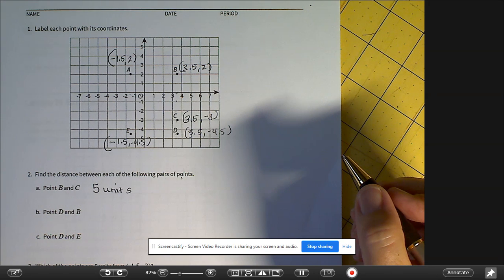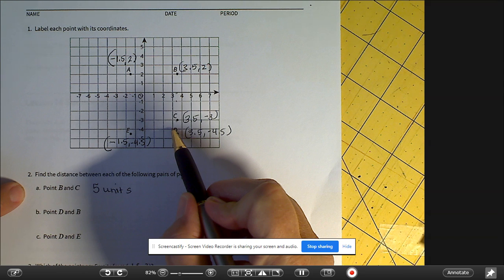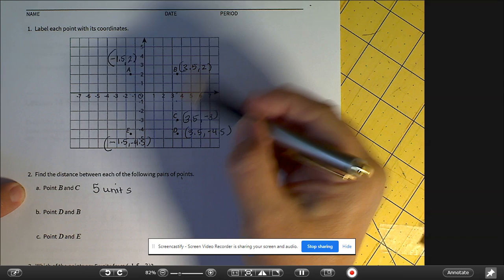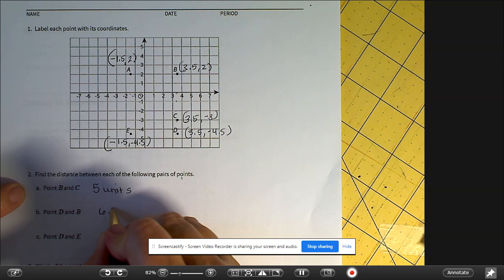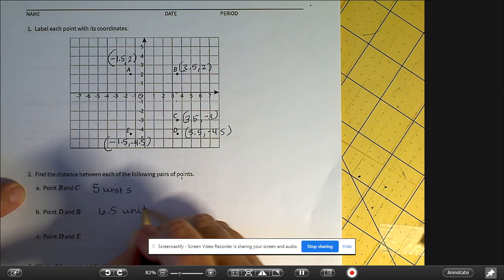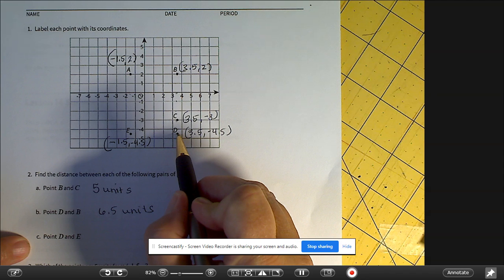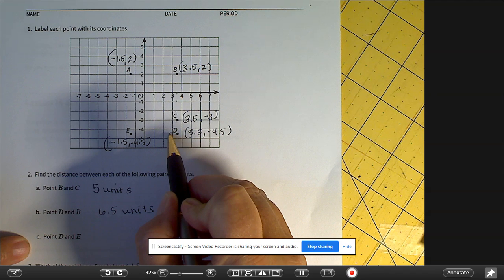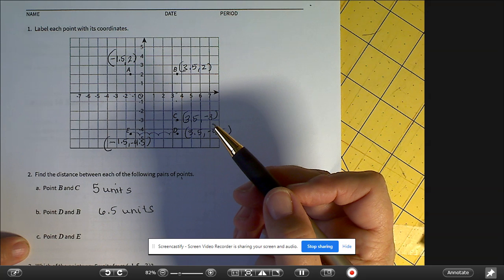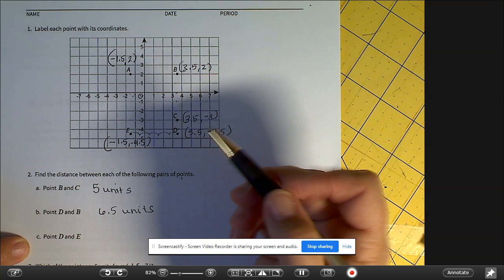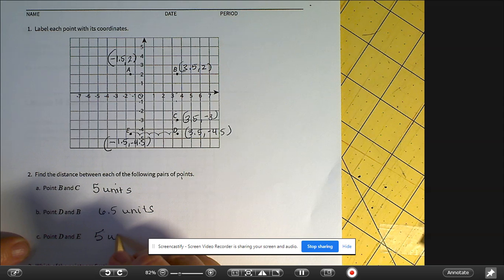And then between D and B, that was 5, and then another 1.5 would be 6.5 units. And point D and E, you're just going 1, 2, 3, 4, 5. So that's 5 units.